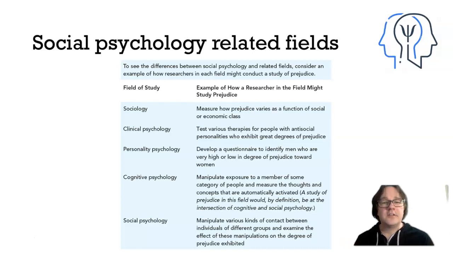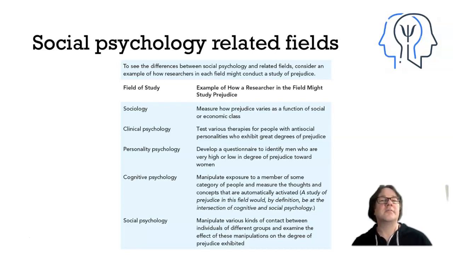A cognitive psychologist might manipulate exposure to a member of some category of people and then measure the thoughts and concepts that are automatically activated. Right? So cognitive psychologists might be interested in some of those unconscious thought processes that are going on, or even the conscious thought processes.